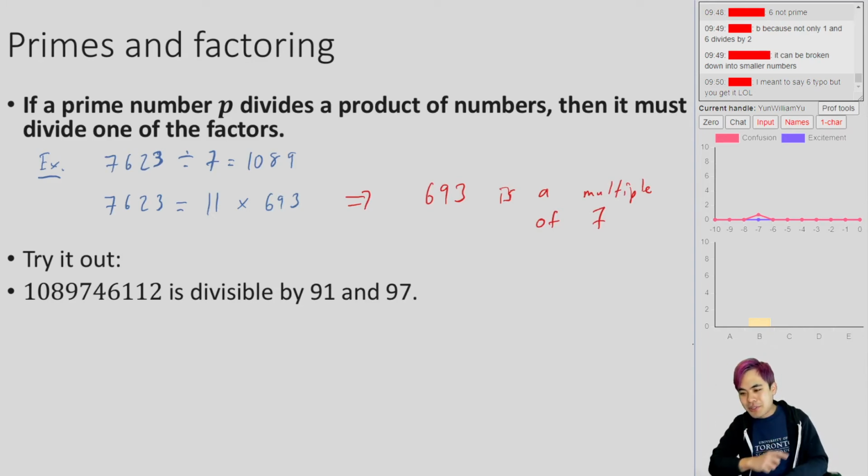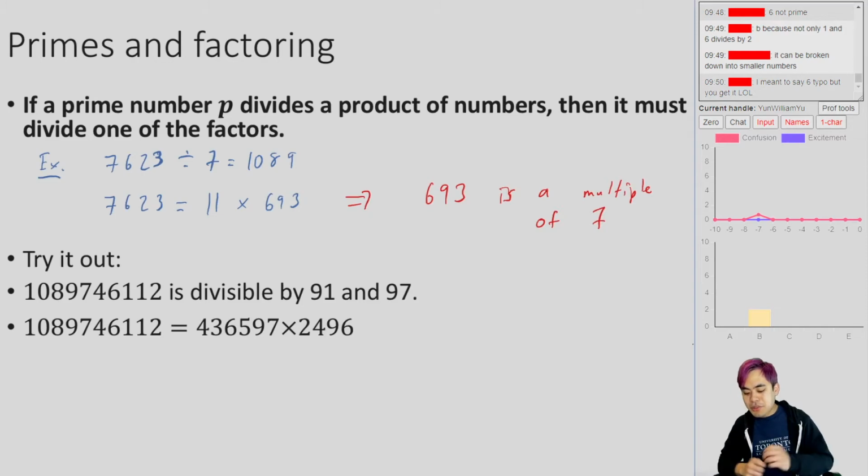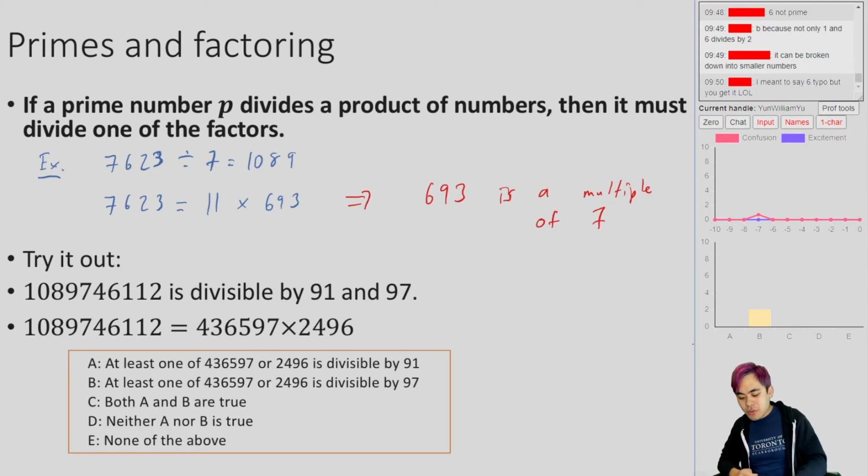I am also going to tell you that this number is equal to the product of 436,597 times 2,496. So now, without doing all the divisions, which of these facts are true?